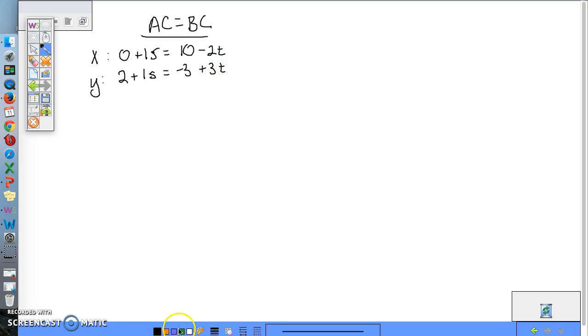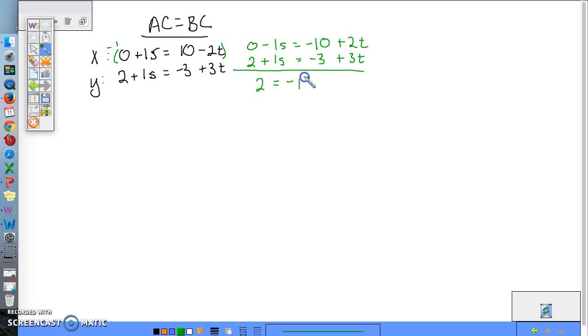Pretty easy one to make opposites again. We could multiply this one by negative 1, so 0 minus 1s equals negative 10 plus 2t. This one can stay the same. If we add these together, 2 equals negative 13 plus 5t. Add 13, so 15 equals 5t, so they intersect where t equals 3.